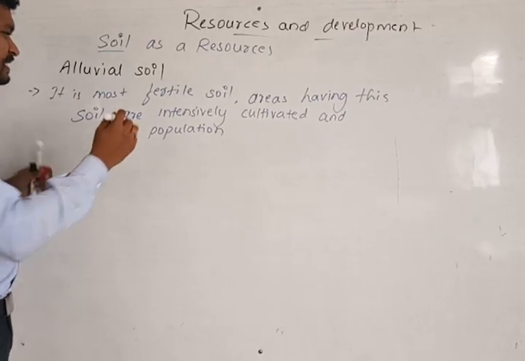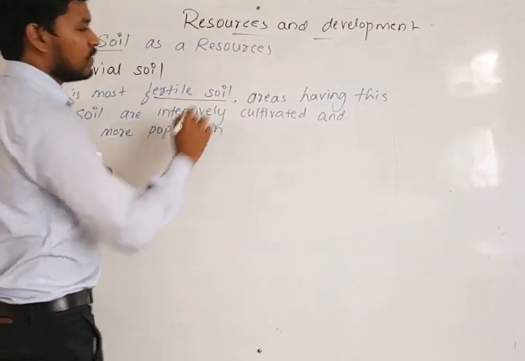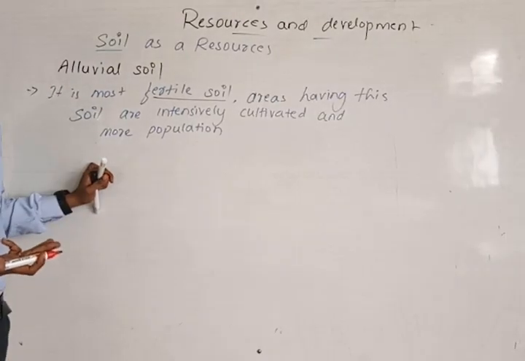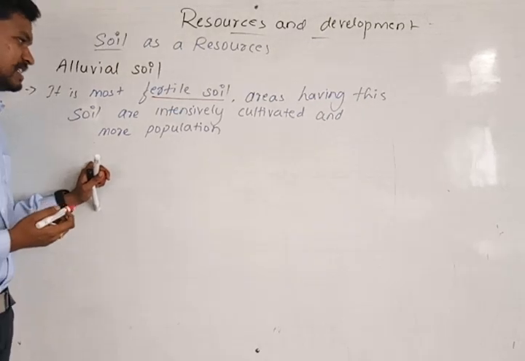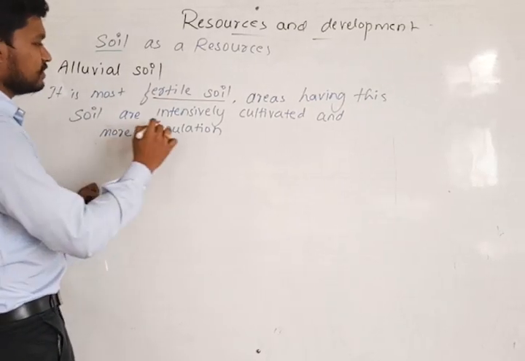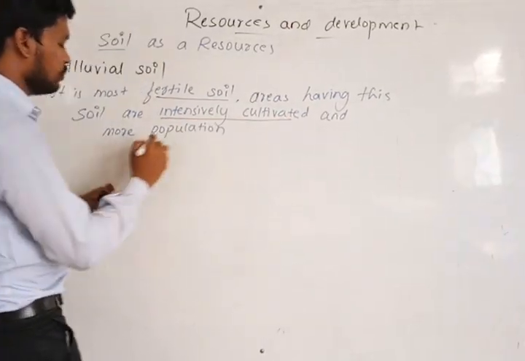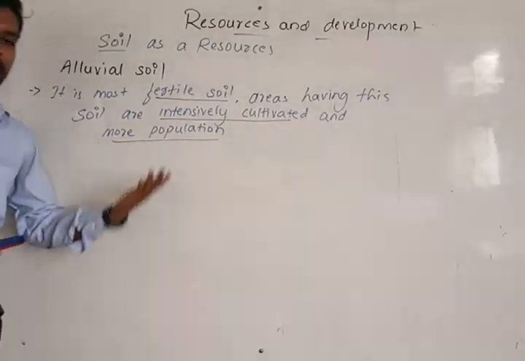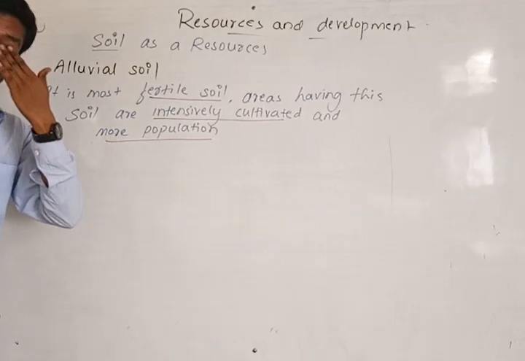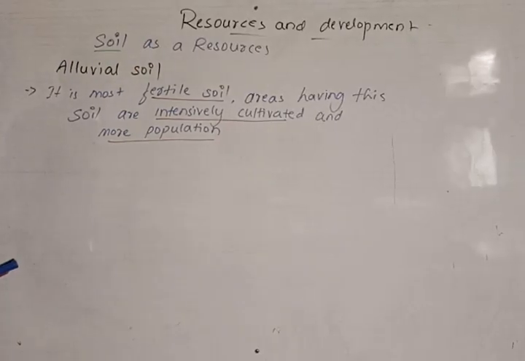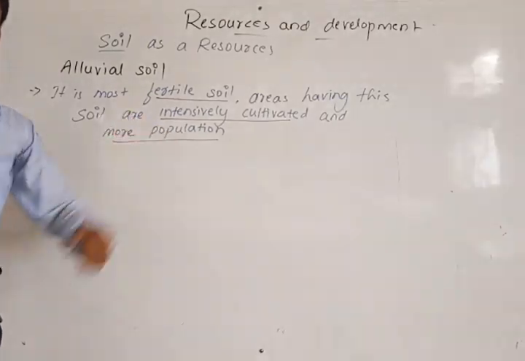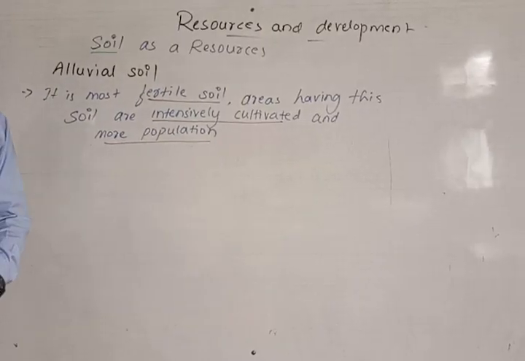Fertile soil is a basic requirement for agricultural activity, and agricultural activity is a basic activity for every human being from the ancient period. That's the reason people tend to settle in areas with more fertility, so that they can cultivate crops well and lead their lives happily without many problems. That's why this fertile soil is in great demand in the northern part of India.